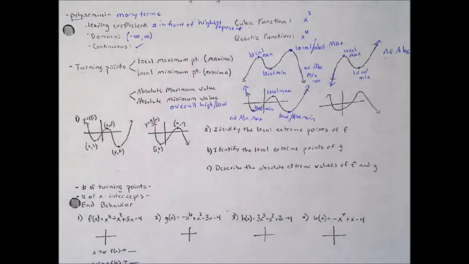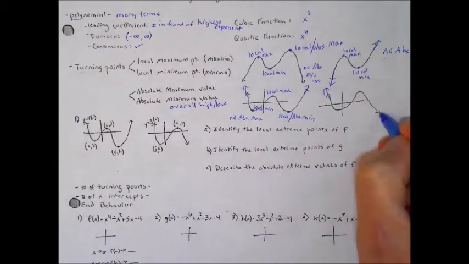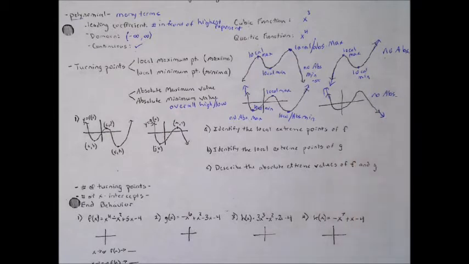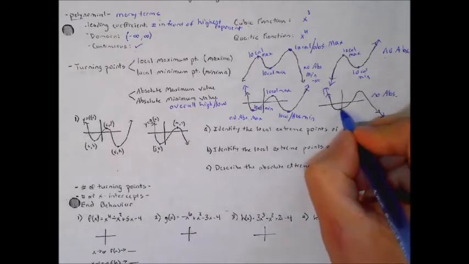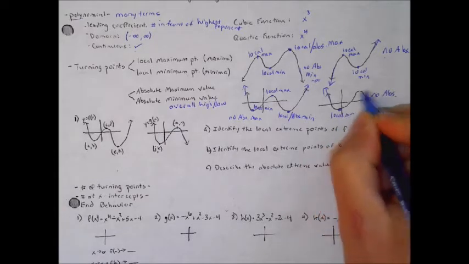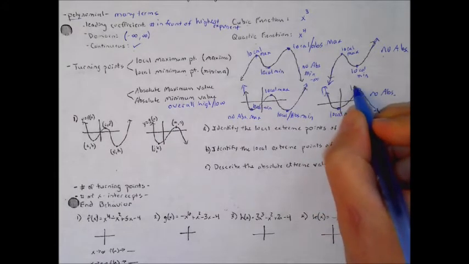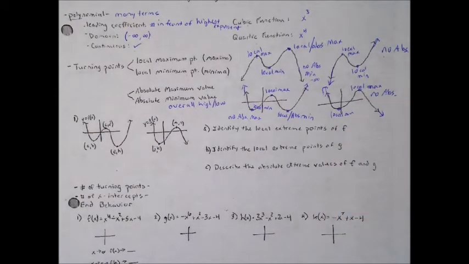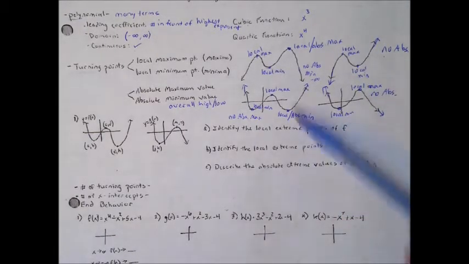Okay, this one here, once again, keeps going up and keeps going down, so there's no absolute maximums or minimums. This would be a local min, and this is a local max. Okay, so the idea of absolute and local maximum and minimums.